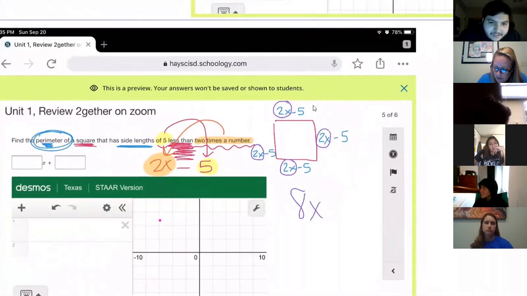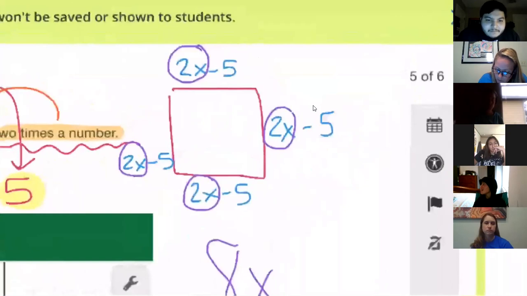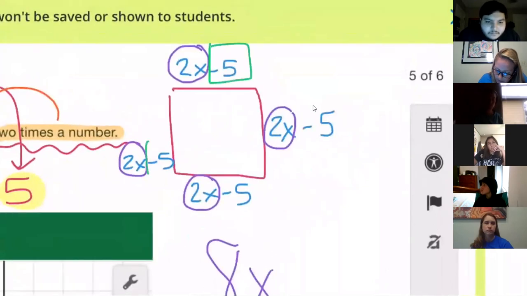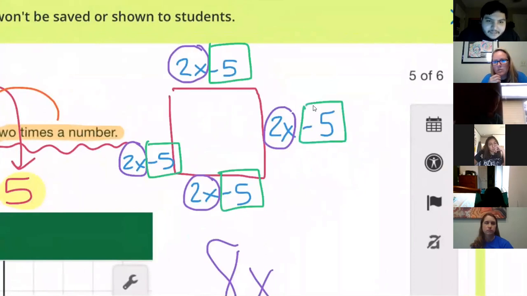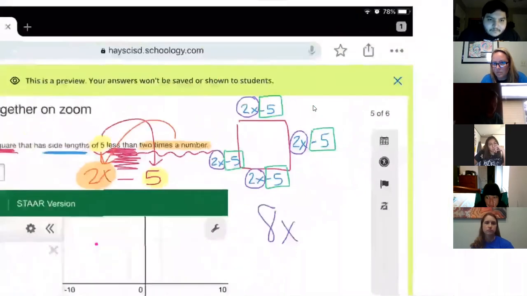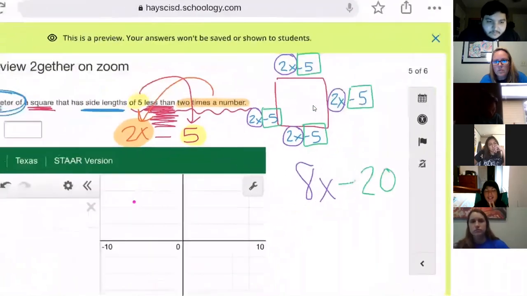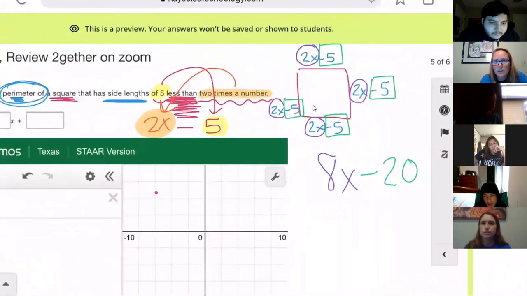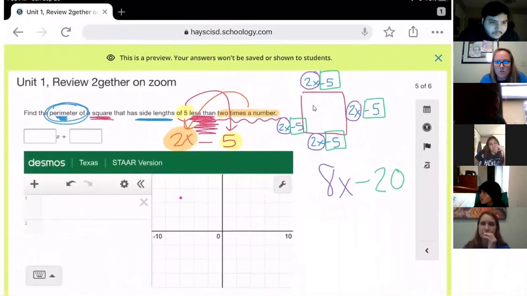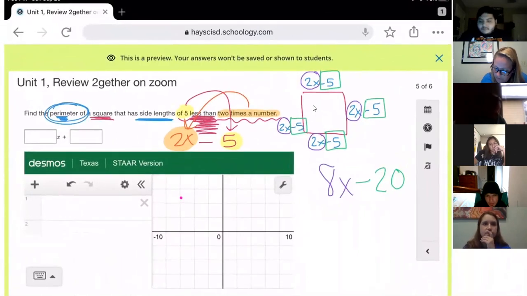And then you do the same thing for the -5s. In the chat, go put what you get when you put those -5s together. Right, -20. All right, now let's put it in the boxes the right way. What do we need in the boxes?